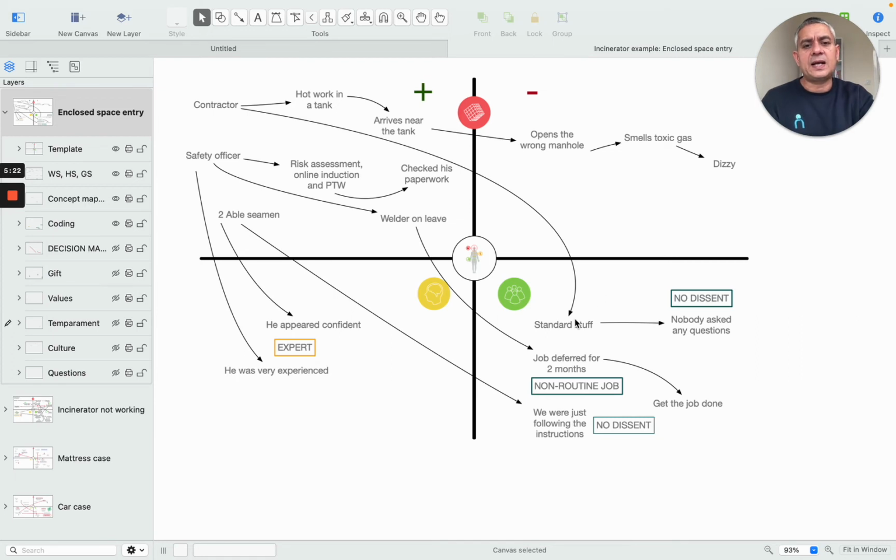The contractor also says that he was doing standard stuff and nobody asked any questions. So that means that in this culture, there is no questioning, no dissent. Nobody asks any questions. Nobody raises his hand. We see the same thing with the able seaman who says that we were just following the instructions. So there was no questioning, there's no dissent.